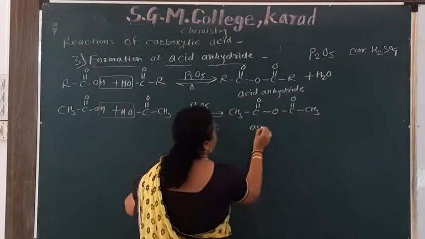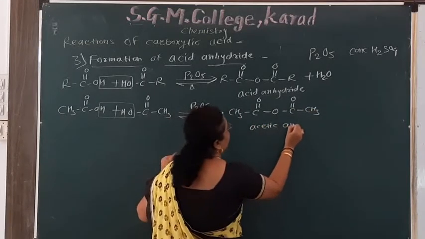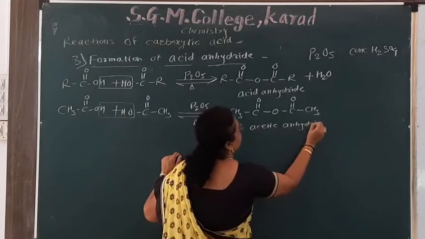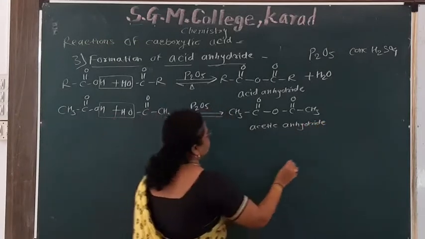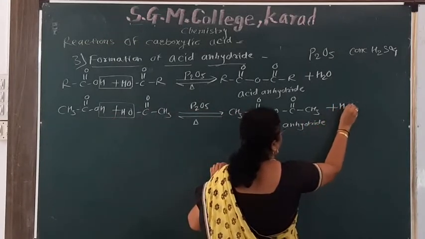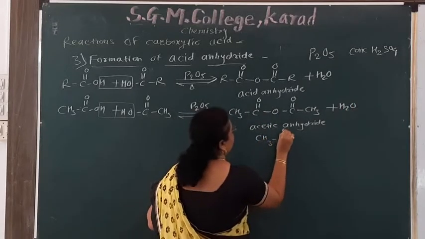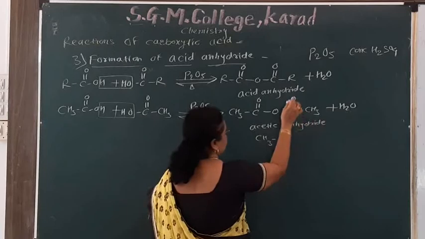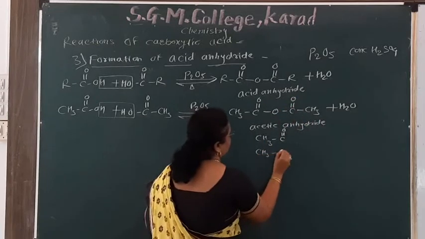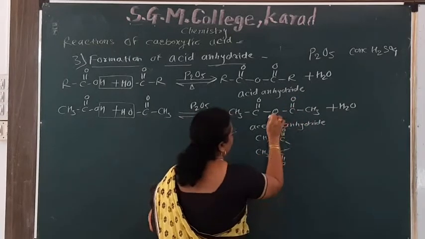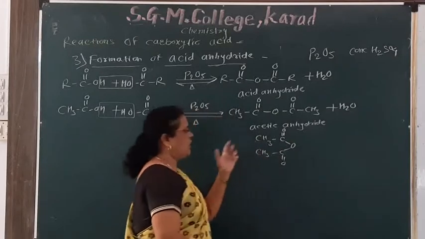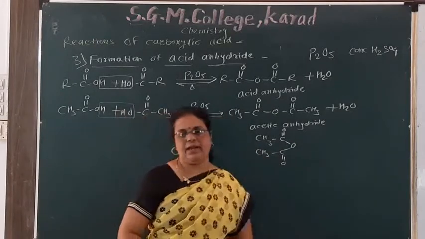This is known as acetic anhydride plus H2O. This is also written as CH3C=O, O, CH3C=O. This is known as acetic anhydride.